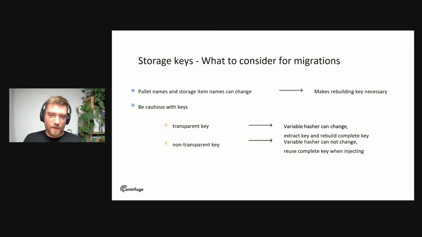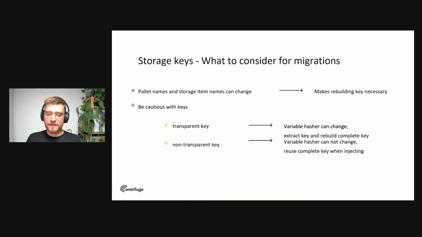So why do I think this is important for migrations? When you consider a standalone chain that you have and you have a parachain, what you could possibly do is change the pallet names and the item names on your parachain.